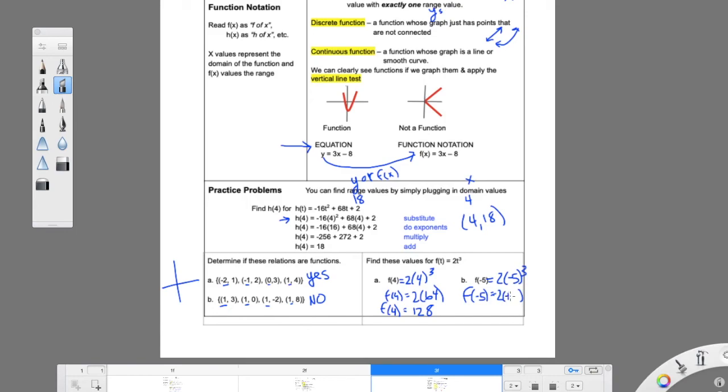So we have -125, and then f of -5, we get 2 times -125. We're going to have negative, and then we just want to multiply this out. So I know 25 plus 25 is 50, 100 plus 100 is 200, so 250. I can do that mental math kind of quickly if I look at it that way.